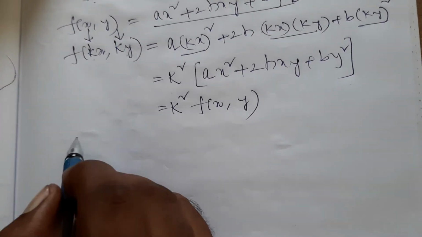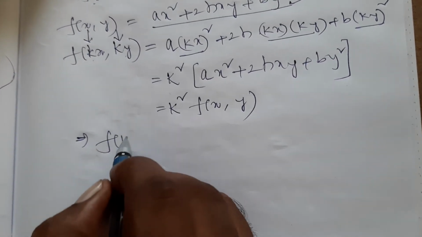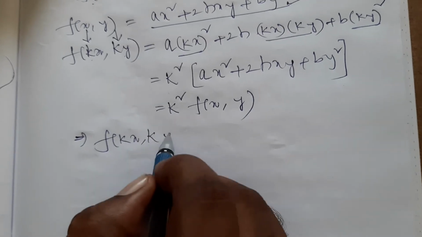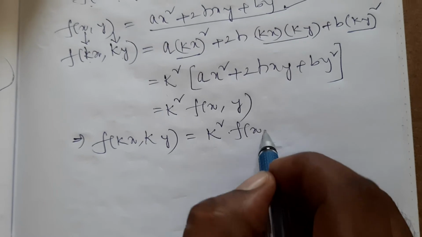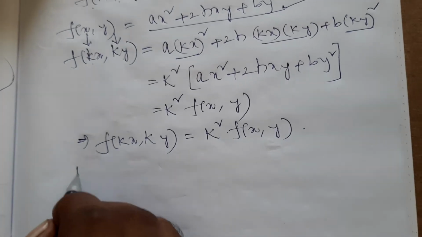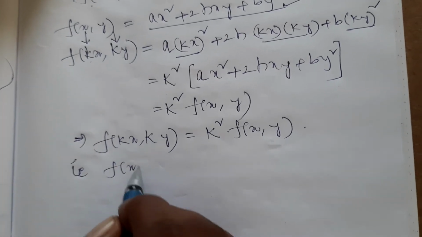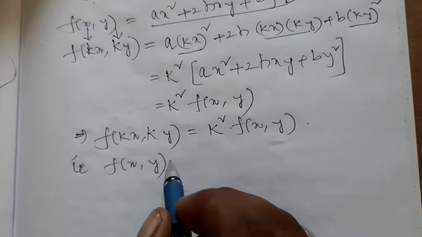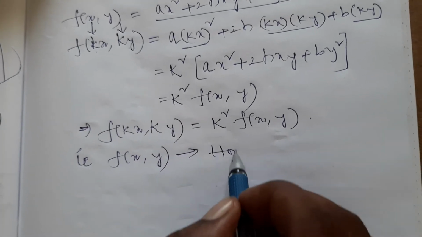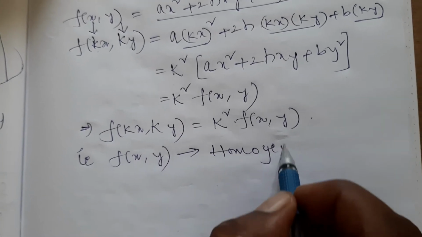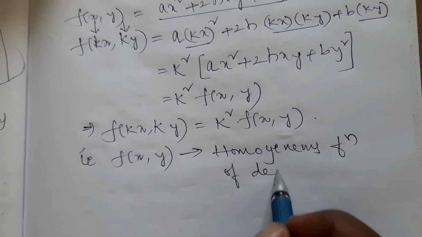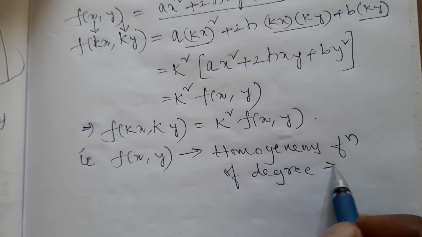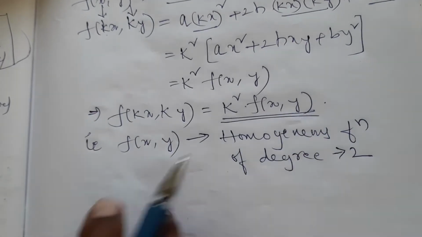So f of kx comma ky equals k square into f of x comma y. Here f of x comma y is called a homogeneous function of degree 2.